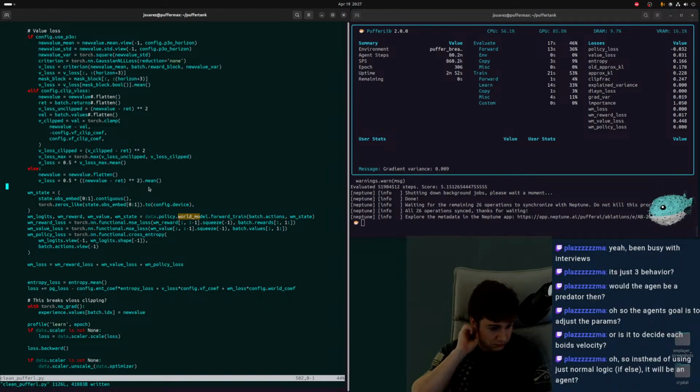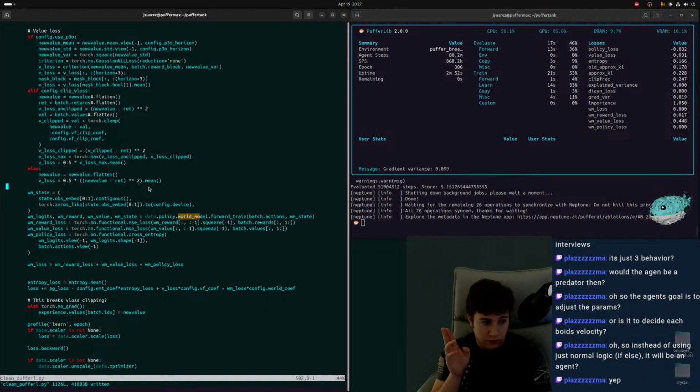It will be an agent. So think of it this way: just think of everything in terms of actions. In the original boids, there are rules that tell the agent which way to turn. In your case, instead of giving it rules for which way to turn, the neural net gives it an action, which is which way to turn.